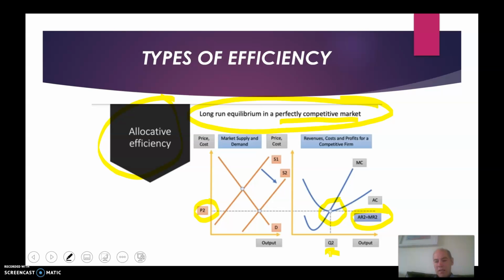And in this instance, at that point, price is equal to marginal cost, because where MC is equal to MR, where the firm produces, that is also equal to price. So we have our situation of allocative efficiency. Okay, price is equal to marginal cost, or the resource cost of production.